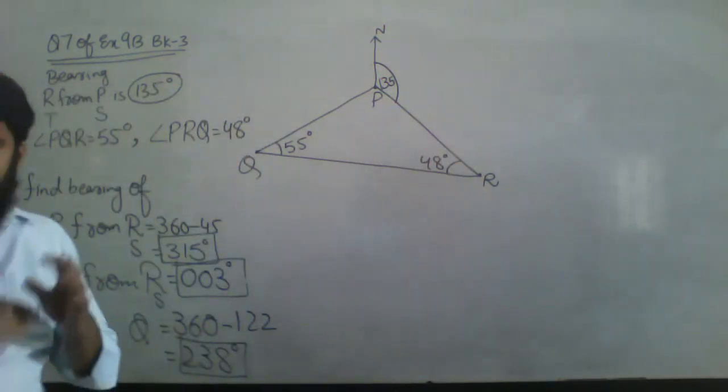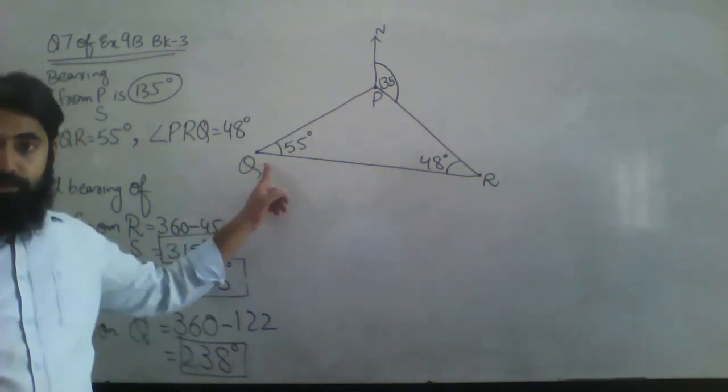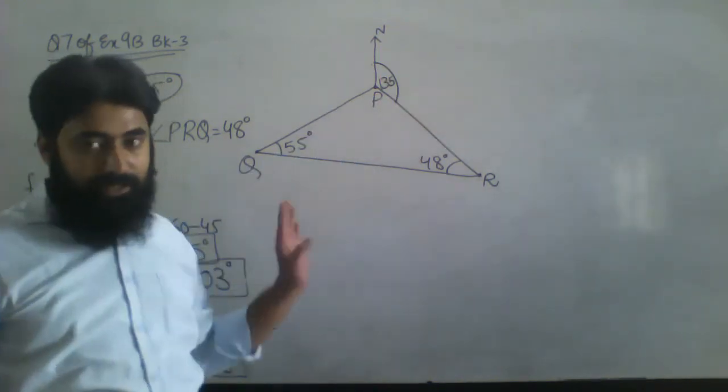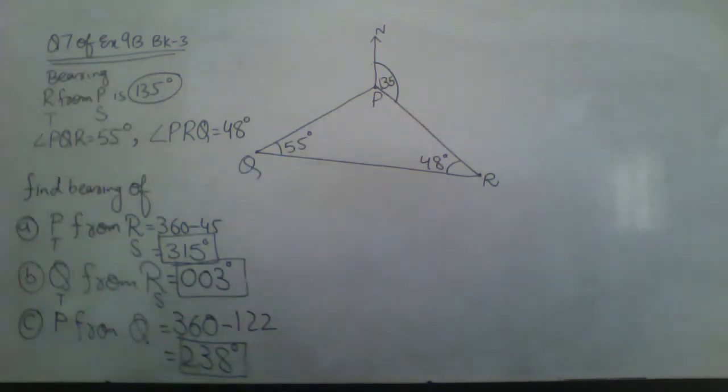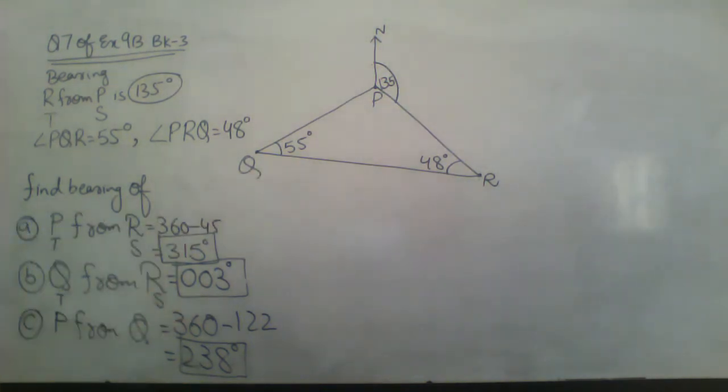Everything is the same. I have just changed the direction of Q because it's not a bearing, so you can do it in either way. Now, all the previous answers are written over here. I'm going to use the same parts and solve it by this diagram, and then we will see what our results are.